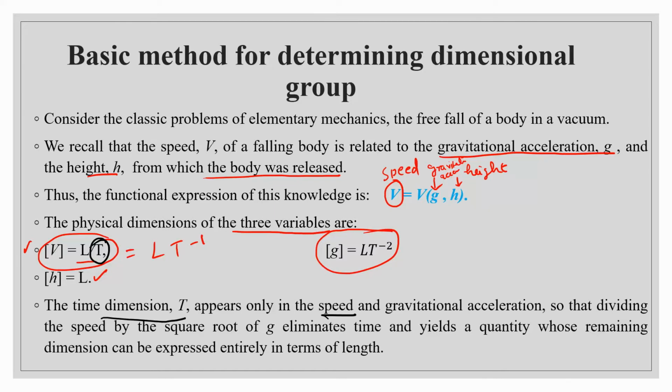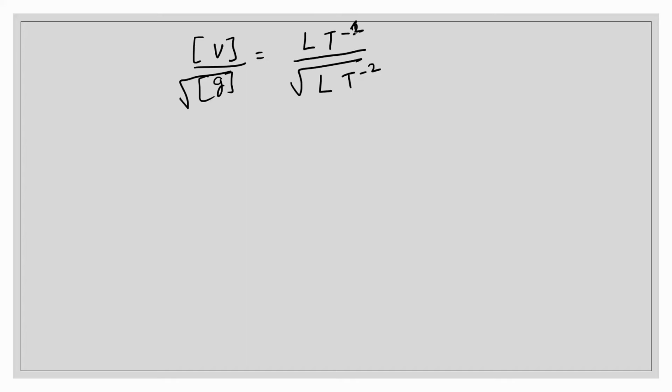Mathematically, if we divide the dimension of speed by that of the square root of g, the dimension of v is L t inverse, and we find that what remains is nothing but equal to the square root of h.